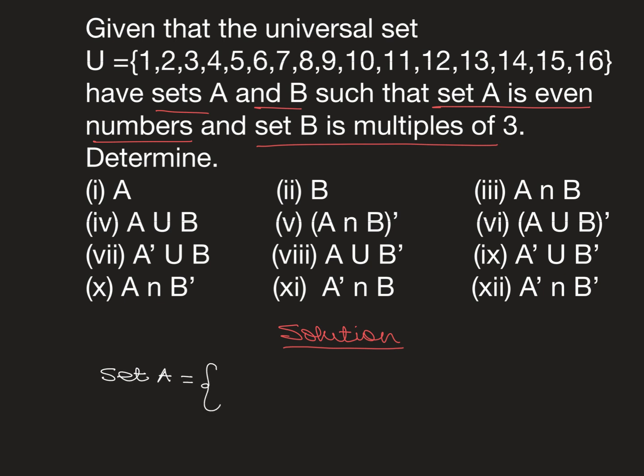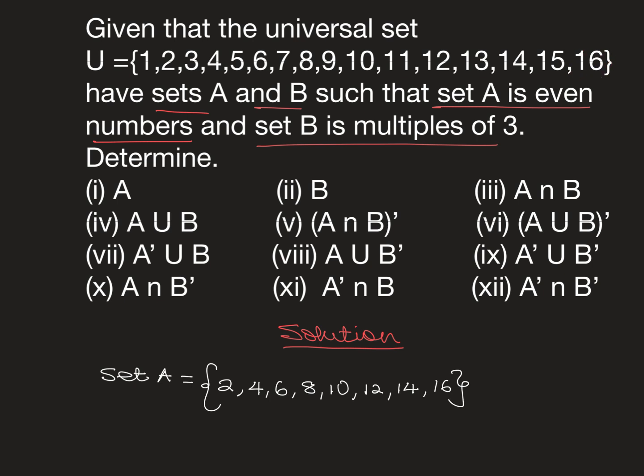Even numbers are numbers that are divisible by 2. So it will be 2, 4, 6, 8, 10, 12, 14, 16. We're going to stop at 16 because the set has 16 as its final number.